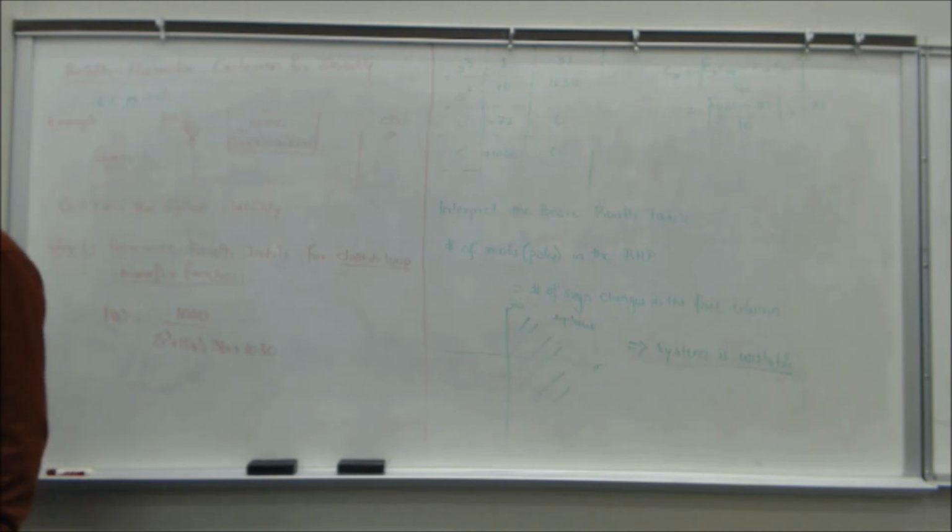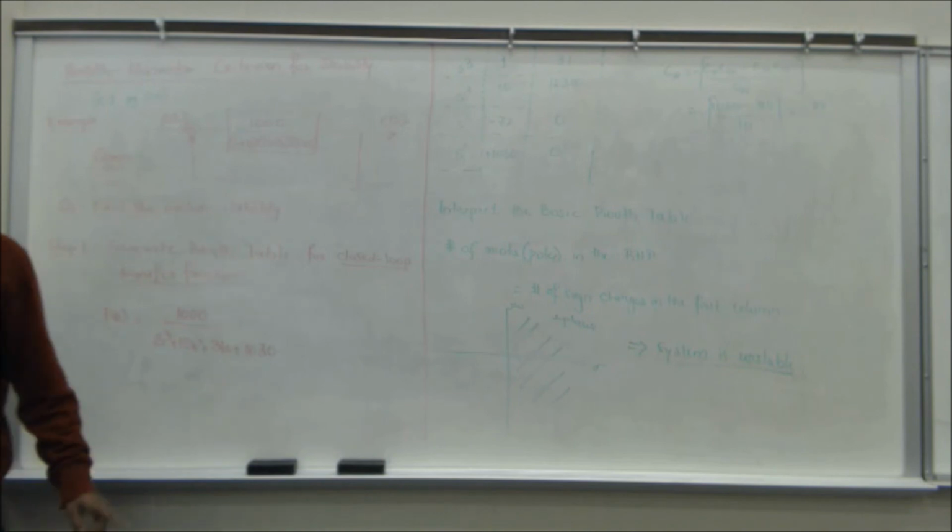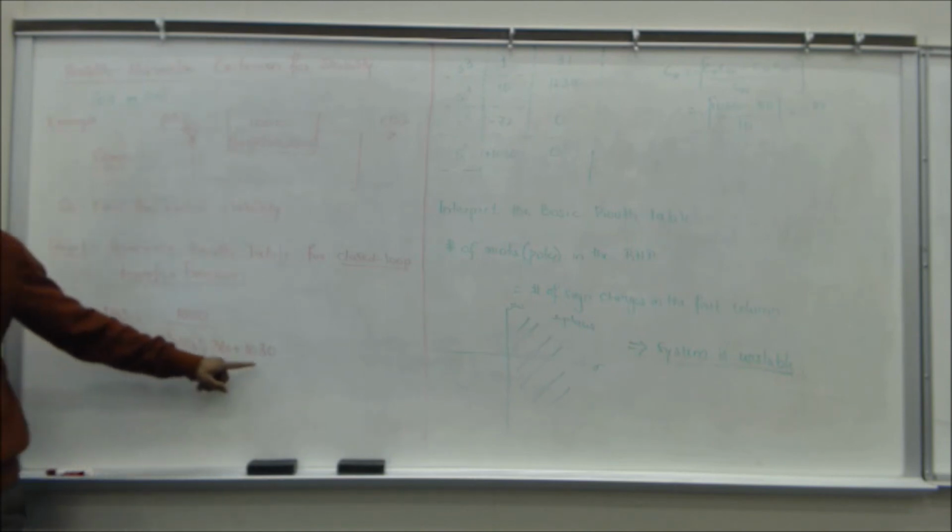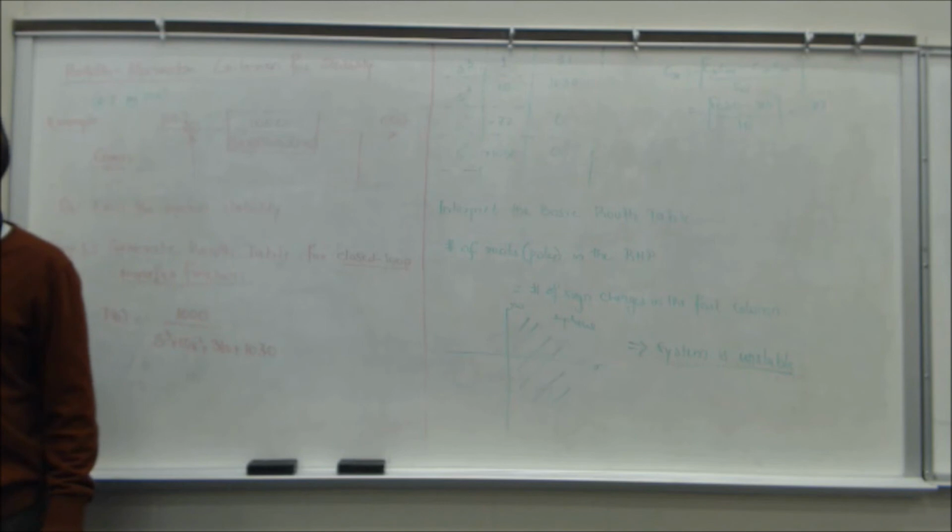All right, if you see here, you can observe that there are 3 roots for this polynomial, right? So this is that polynomial: 1, 10, 31, 1, 0, 3, 0. If you just use this command, roots, it will give you the roots.